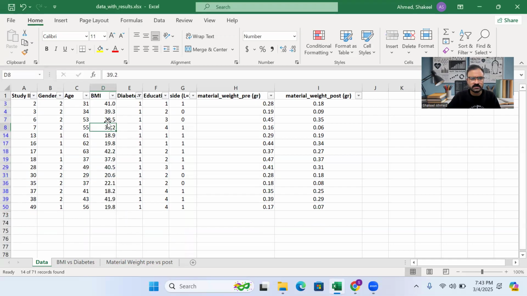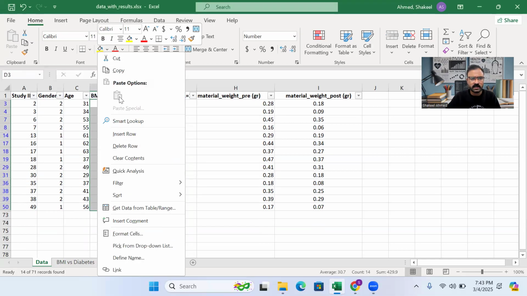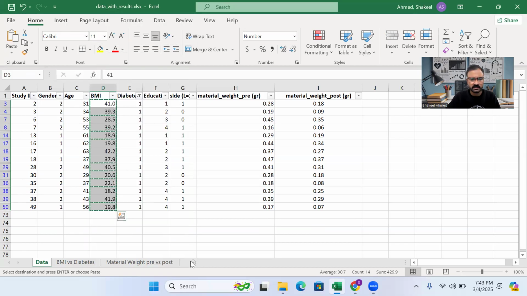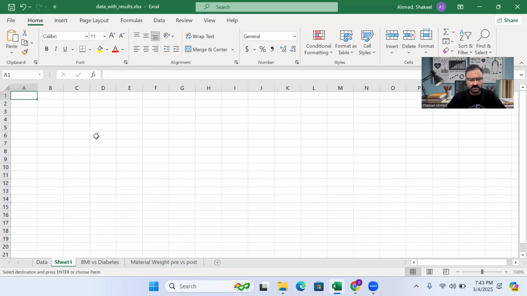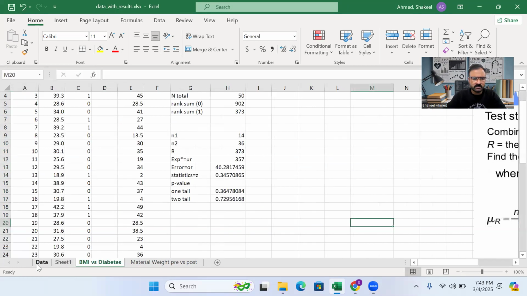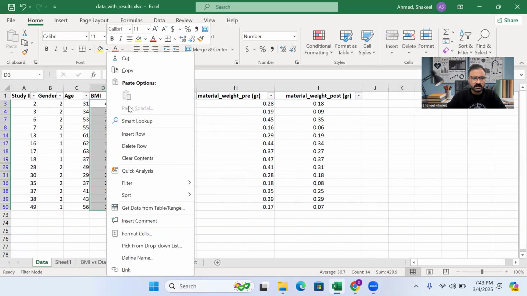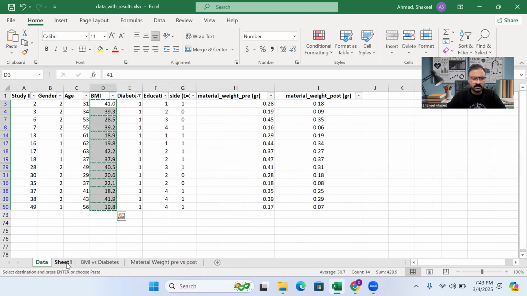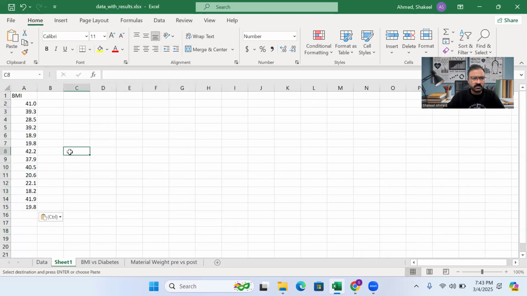diabetes. So this is the BMI of those who have diabetes, and I'm just writing here BMI, and this is the data on BMI. Sorry, it's not copied. You can just try again, copy, and then we can paste here.